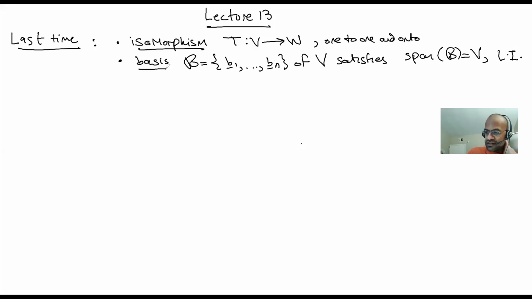And then given a basis, there was a very important operation, which is actually a linear transformation associated with it, the coordinate mapping.